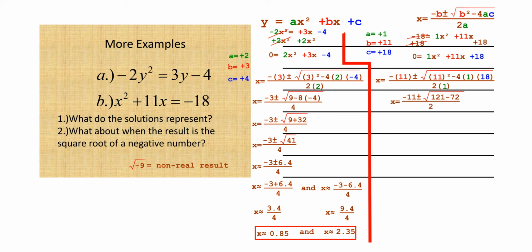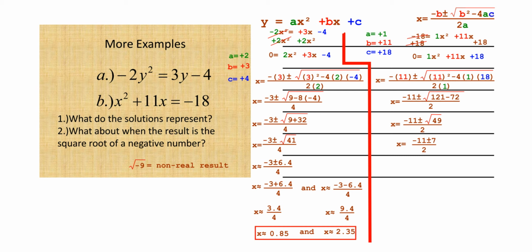And then a negative times a positive gives you negative 72. 2 times 1 at the very bottom is still 2. So simplifying, 121 minus 72 should give us 49. Once again, I highly recommend you double check to make sure I got the right answer. And taking the square root of 49, sounds like 7, right?